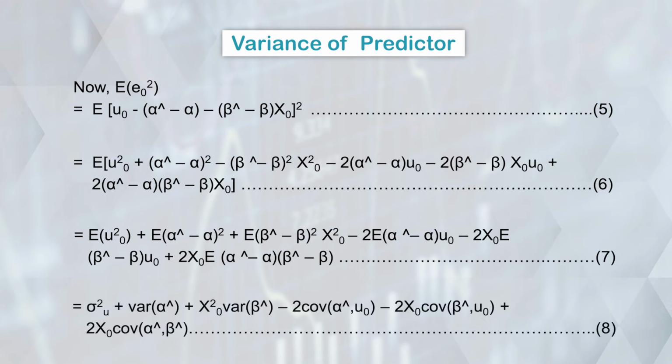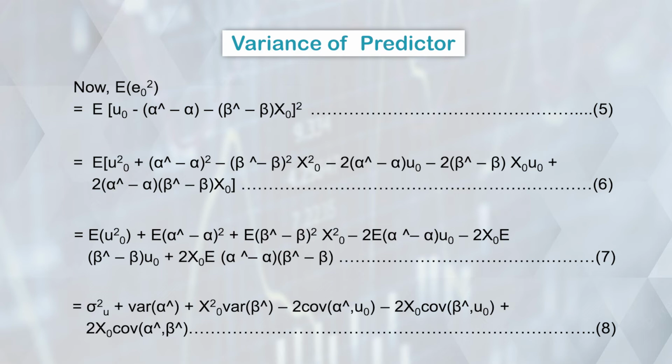So the first one is nothing but sigma square u, which is basically the variance of the error term. Next we have alpha hat minus alpha whole square, which is nothing but the variance of the intercept, that is the estimated intercept alpha hat. Next we have variance of beta hat. Then we have two covariance of alpha hat u0.